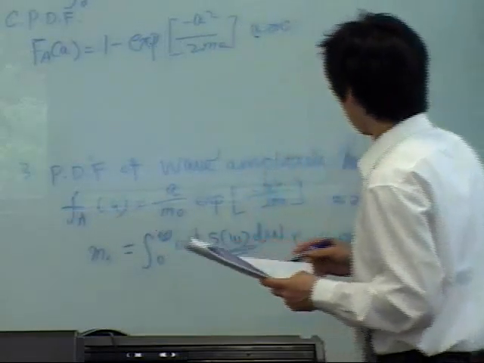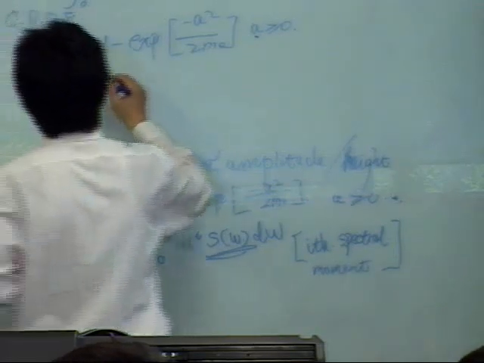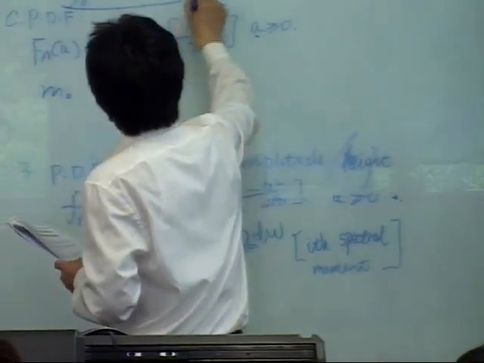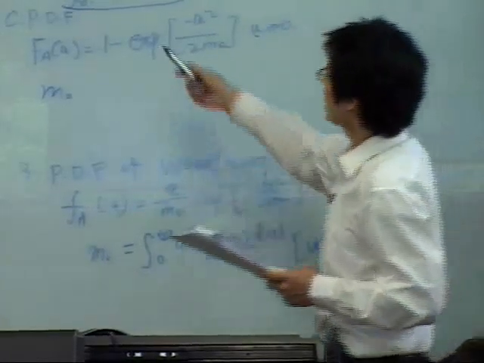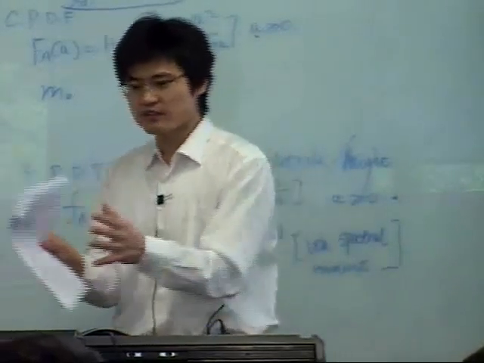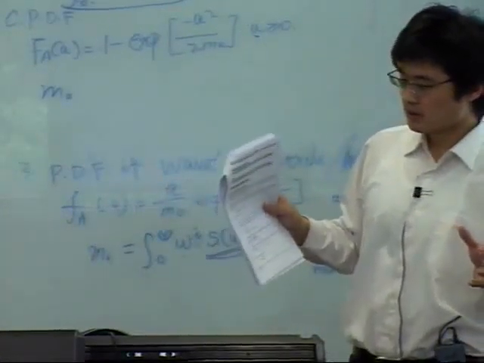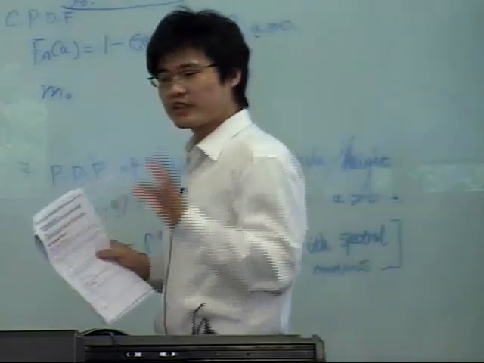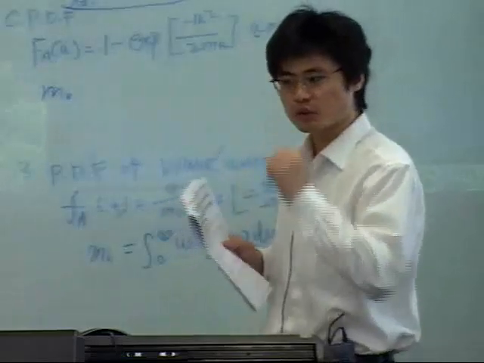One thing I want to say is that this M now is equal to the spectral integration. This is the energy spectra. The integration of all the spectra gives you the area under the spectral curve. That means the total energy, right?